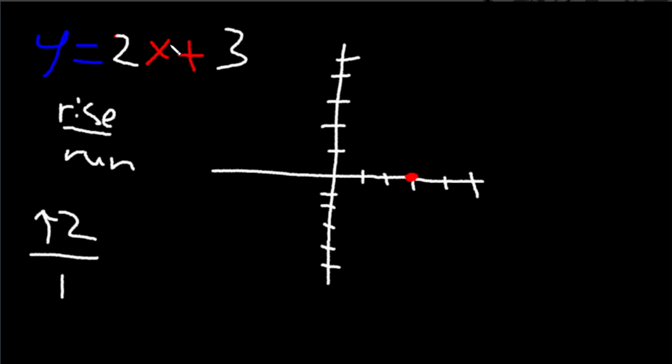If it's negative, it'll move to the left. So when you rise 2, 1, 2, and then run 1 right here, your second point will be right here, and 1, 2, and then 1, your third point.